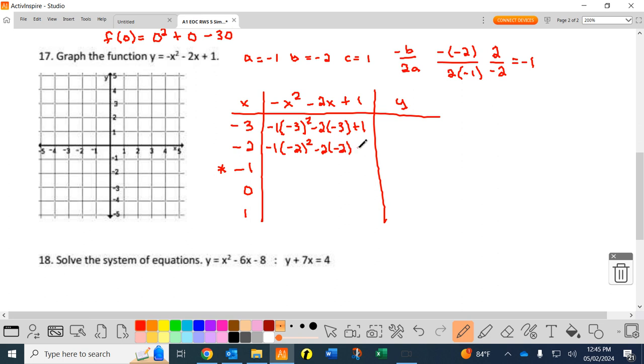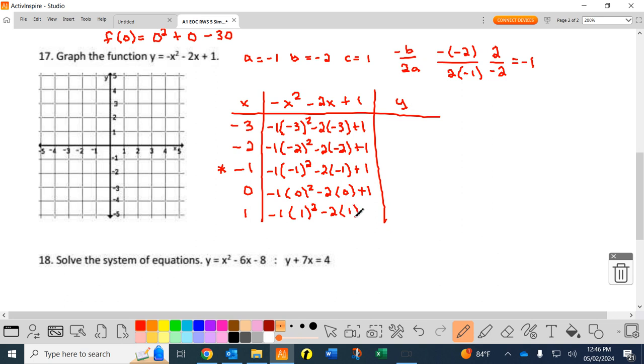Next one's going to be -1 times -1 squared minus 2 times -1 plus 1. -1 times 0 squared minus 2 times 0 plus 1. -1 times 1 squared minus 2 times 1 plus 1.